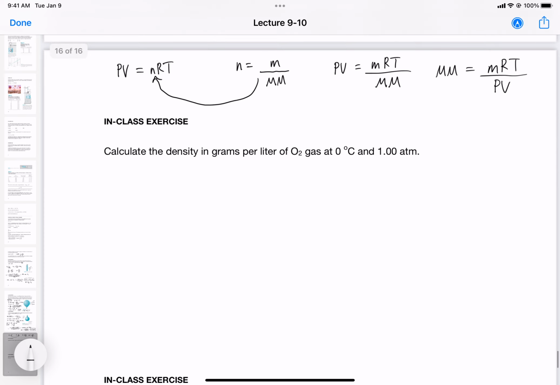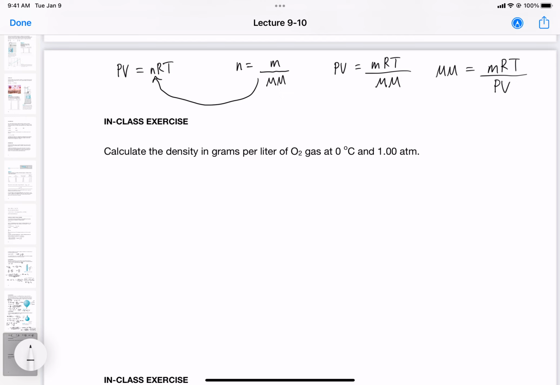Now let's calculate the density in grams per liter of oxygen gas at 0 degrees Celsius and 1 atm. There's two ways to do this. I'll do the quick way first.